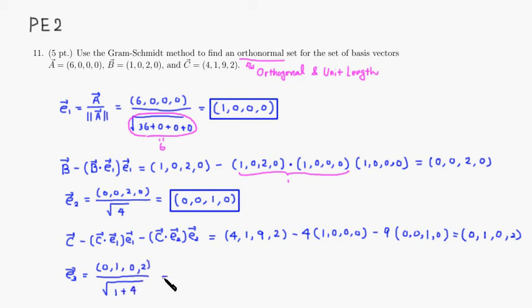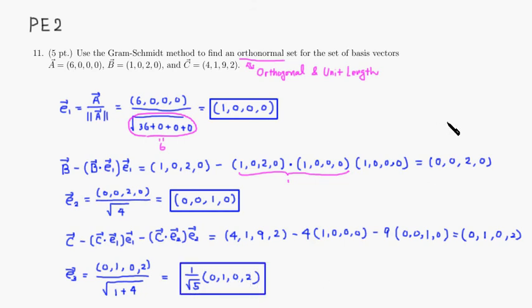So you get 1 over the square root of 5 times 0, 1, 0, 2. That's the third orthonormal basis vector.